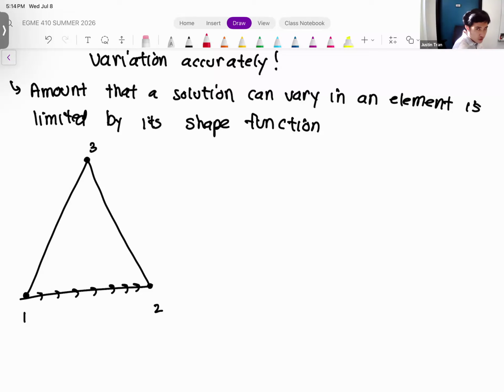Just for the sake of illustration, let's say that we ran a thermal simulation, and so we've computed the temperature at node 1 and node 2. T1 and T2 are our two temperature solutions. And even if we have a quadratic function, we can only vary quadratically as we go from T1 to T2.